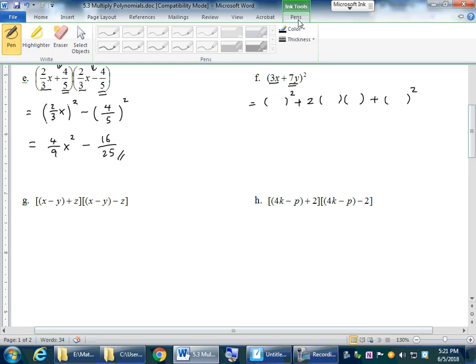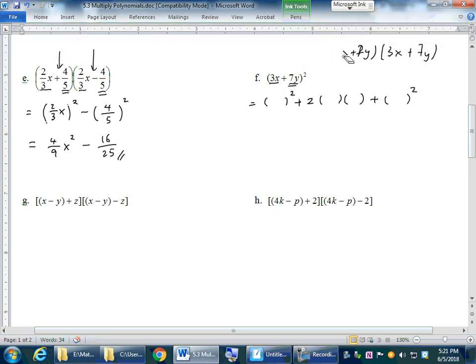But I would recommend you to practice using the formula. Okay, so once again, the formula is first square plus 2 times first times last plus last square. So my first is 3x and my last is 7y. So the next step will be simplifying it.